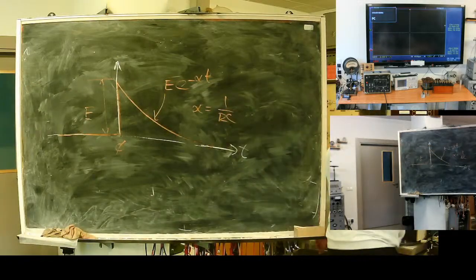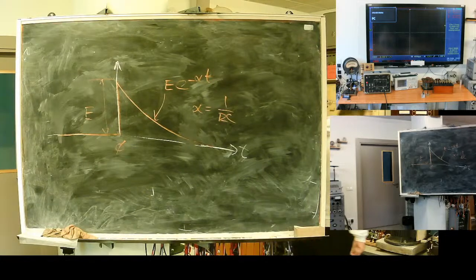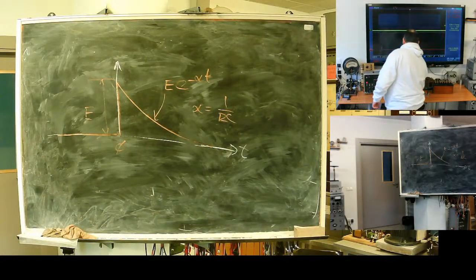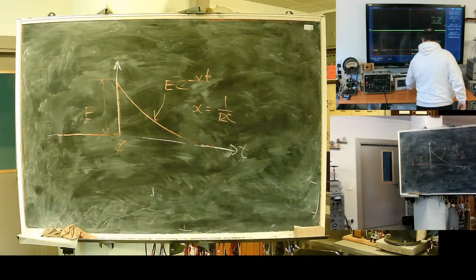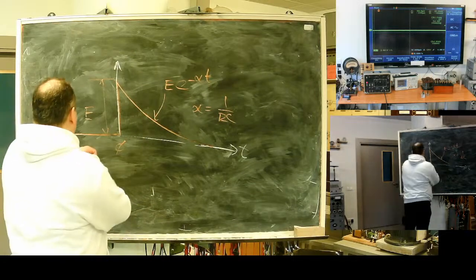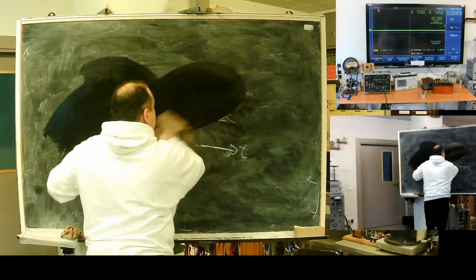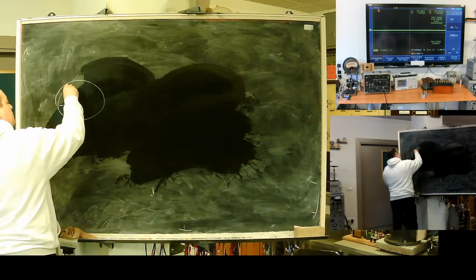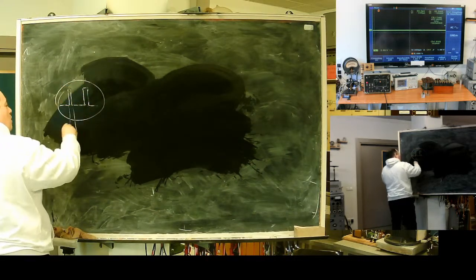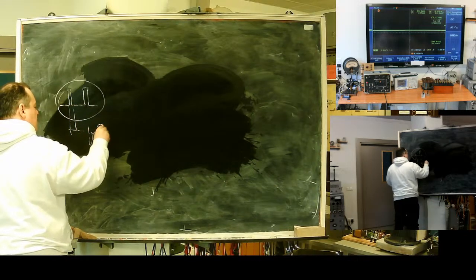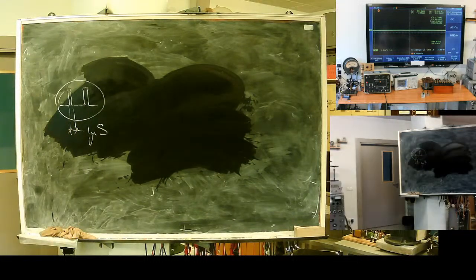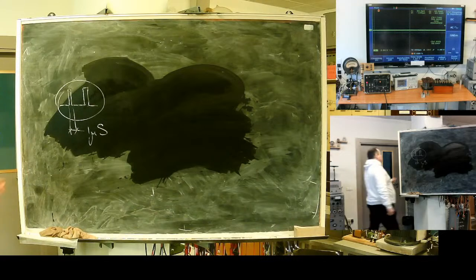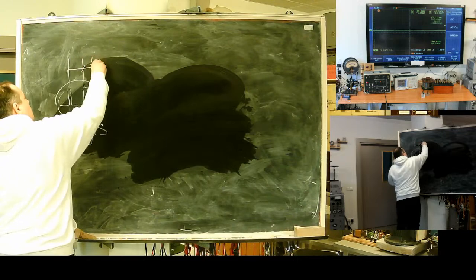I will use a generator producing pulses. 1 microsecond will be the length of the pulse, and the timing, let's say, something like 1 millisecond.